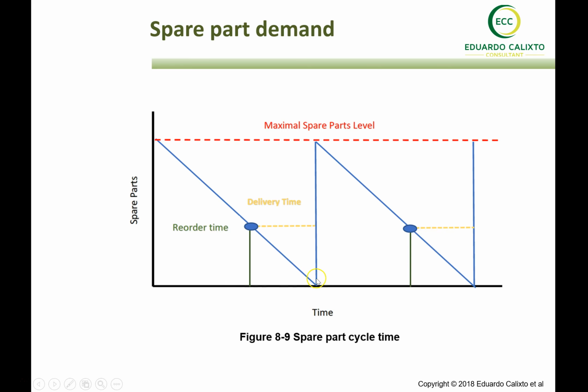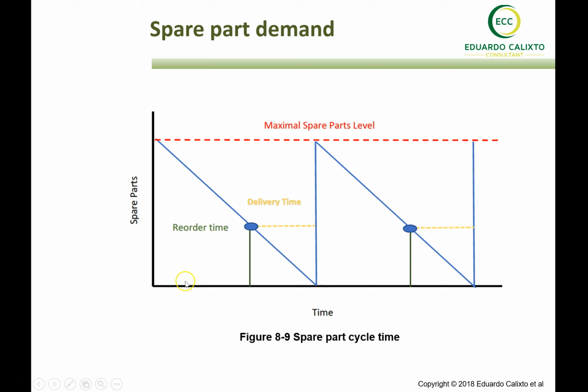In a worst case scenario, when spare parts reach zero, if we reorder, the minimum reorder time enables you to replace it with a new level. You have a cycle of spare parts.